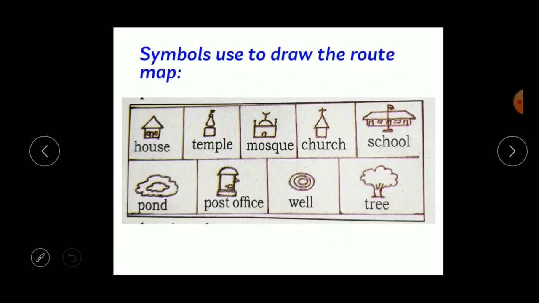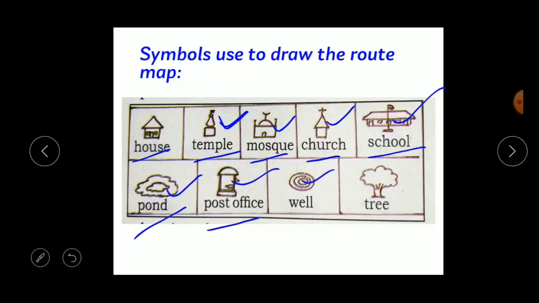For example, this house. Okay, if you find such a picture on the map, it represents the house. The temple means it represents the temple. Here can you see this picture represents the temple, and this one represents the mosque, and this is a church, and this symbol means it's a school, this symbol means it's a pond, this symbol means post office, this symbol means well, and this symbol means tree.